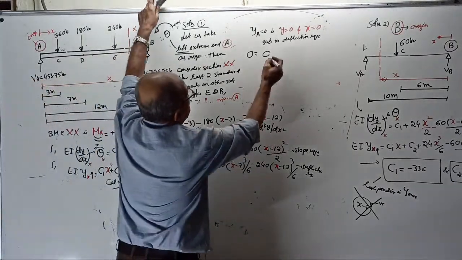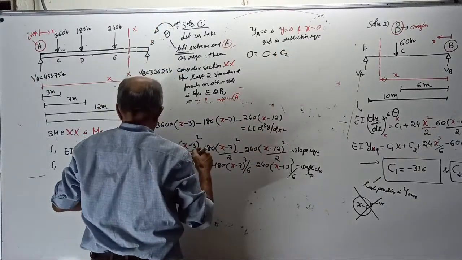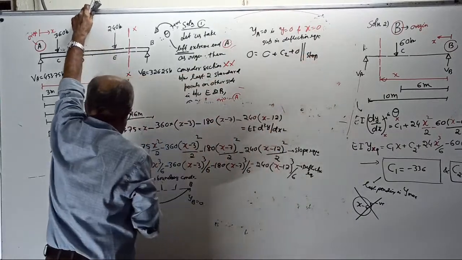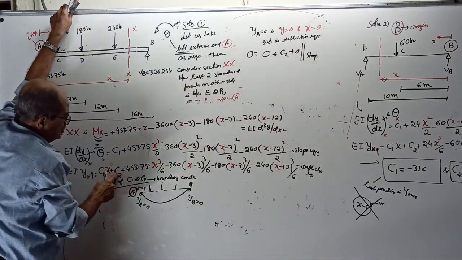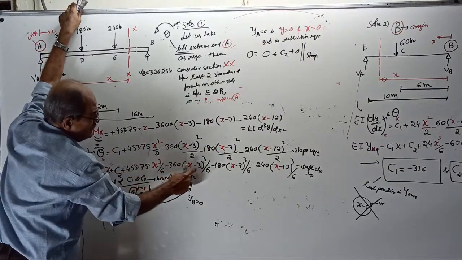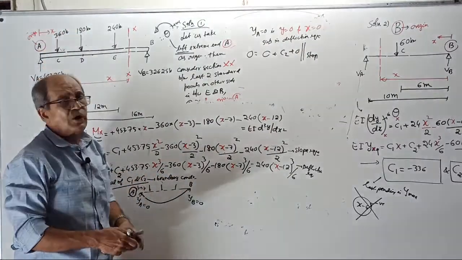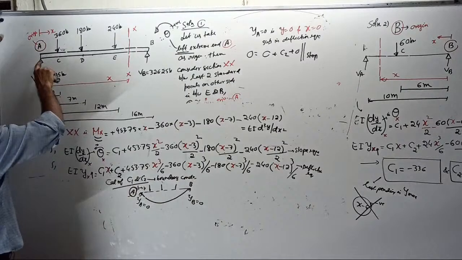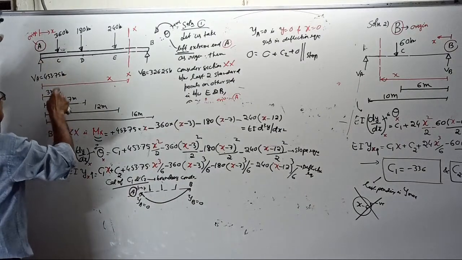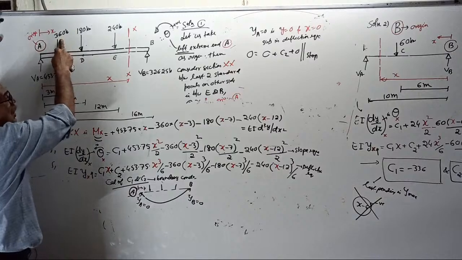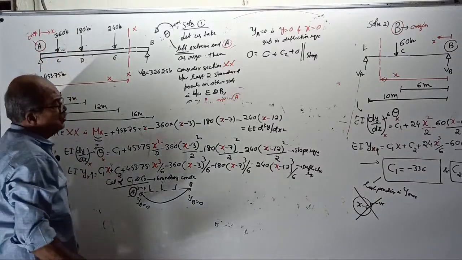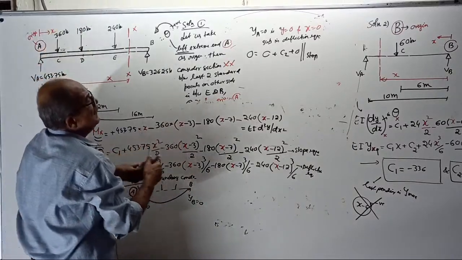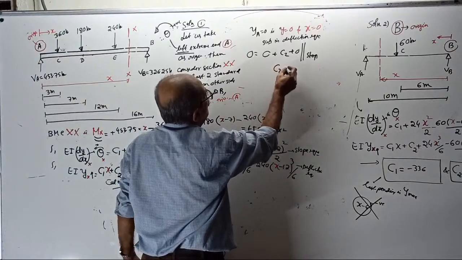C1 into 0 plus C2, next term is 0. Stop. Why stop? Because when you put X equal to 0, 0 minus 3 is negative inside the bracket. Or common sense: when you put X equal to 0, you should not go to any portion beyond AC, 3 meter. You cannot use the equation corresponding to the term 360. Next term is going to be 0 minus 3, negative. Therefore, your C2 will be 0.